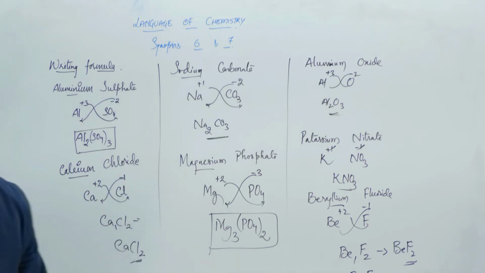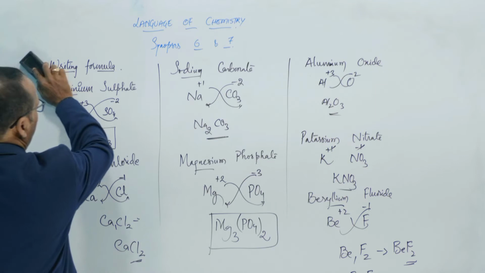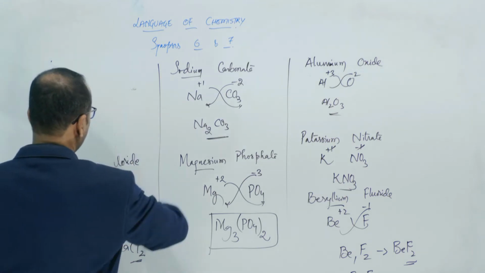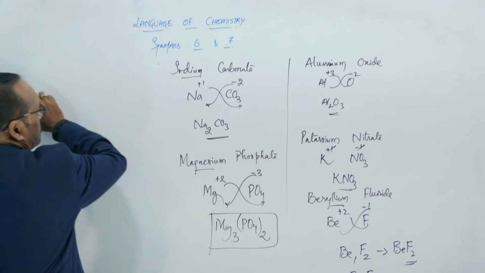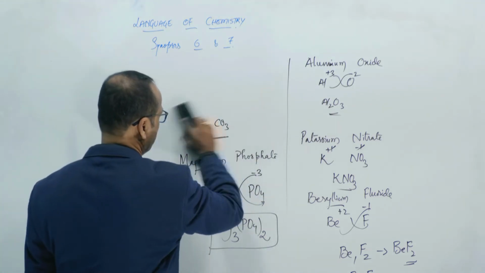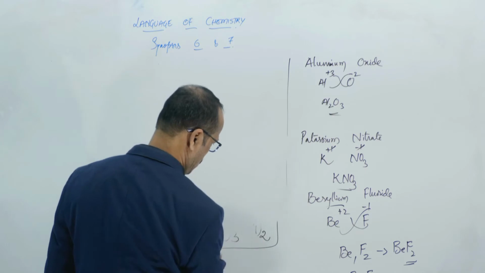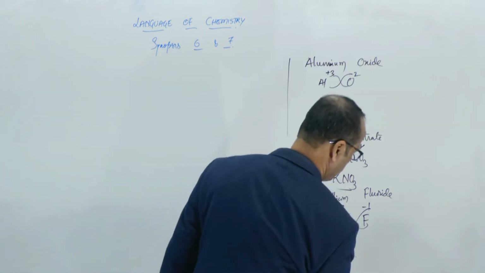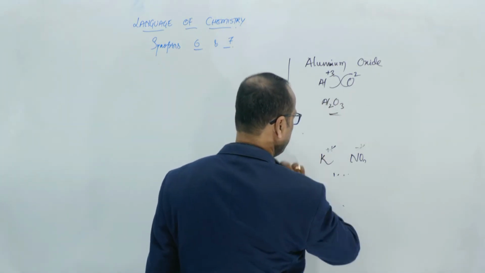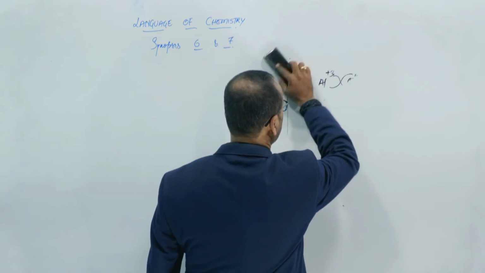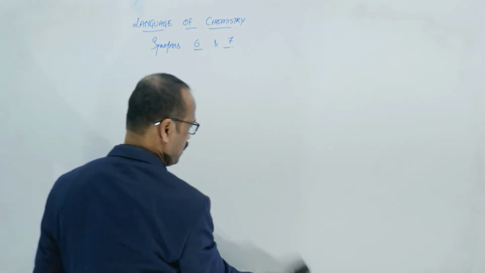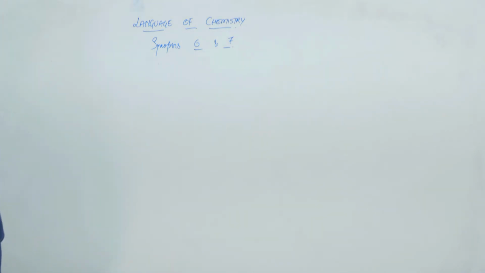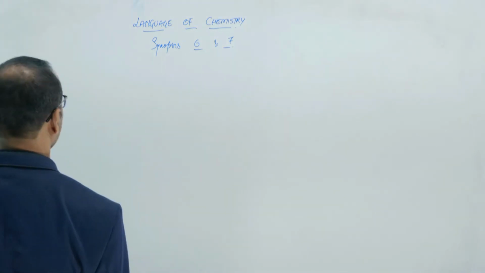Now for this, open page number 54, 55. If you have the material, open page number 54 and 55, students. Now, naming chemical compounds.